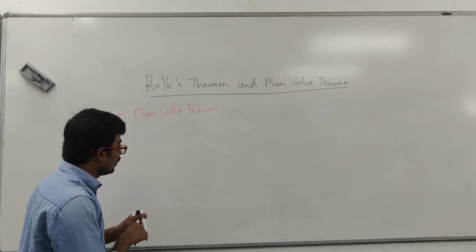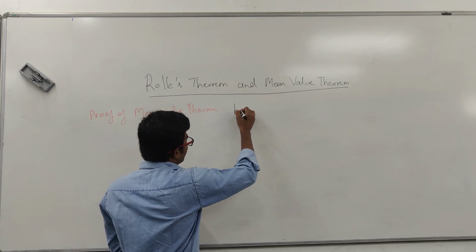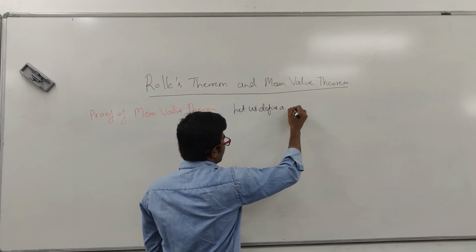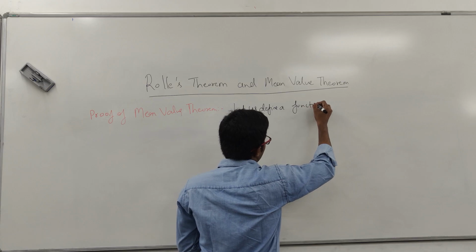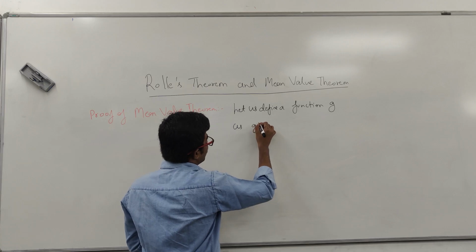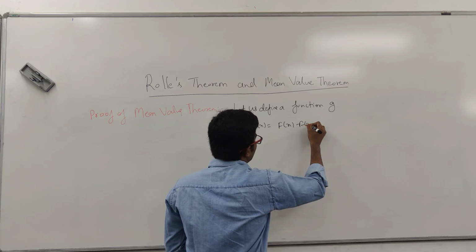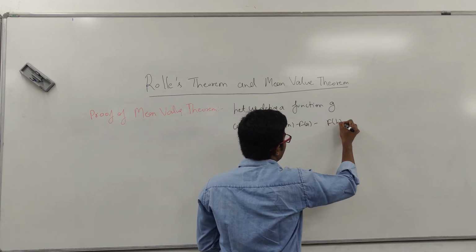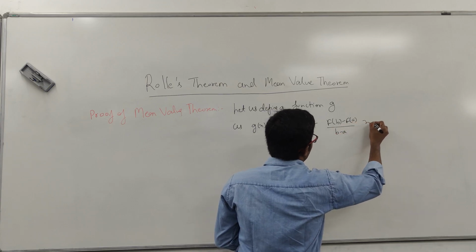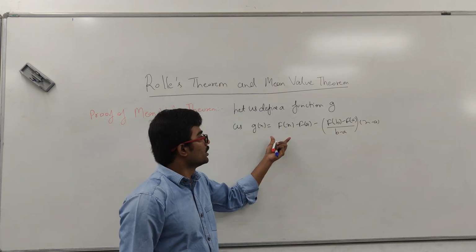So let us define a function g as g of x equals f of x minus f of a minus f of b minus f of a upon b minus a into x minus a. We are defining a function g in this way.